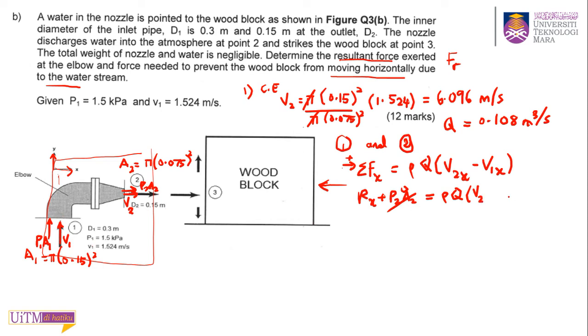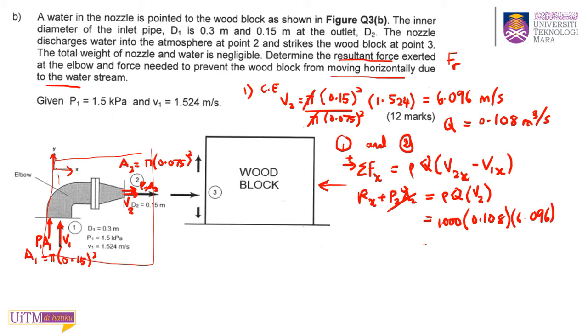V1x is 0, there is no component in V1x, so just V2. So your Rx equals rho of the water, 1000, times Q, which you found as 0.108, times V2, which is 6.096.